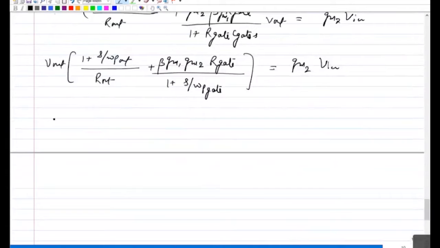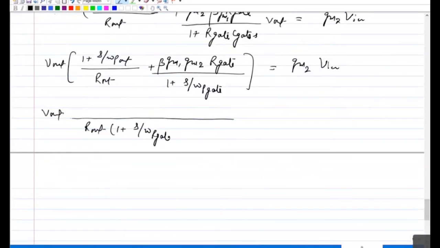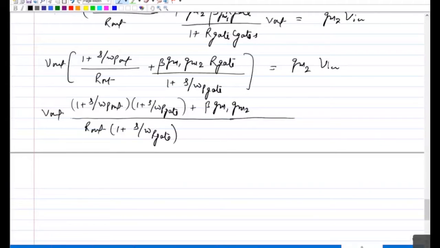Now you need to simplify this: V out over R out into 1 plus S over omega P gate and 1 plus S over omega P out, plus gm1 gm2 R gate R out.